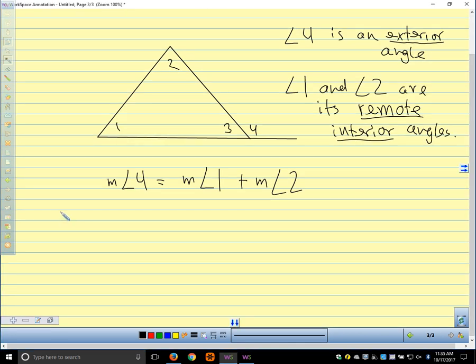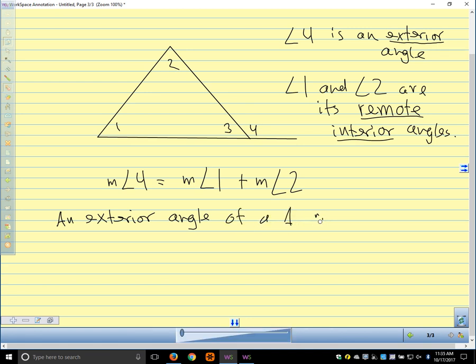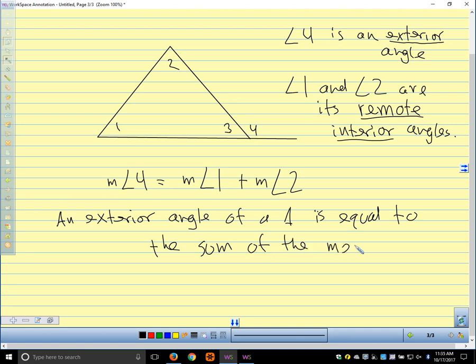And in words, we'd say an exterior angle of a triangle is equal to the sum of the measures of the remote interior angles.